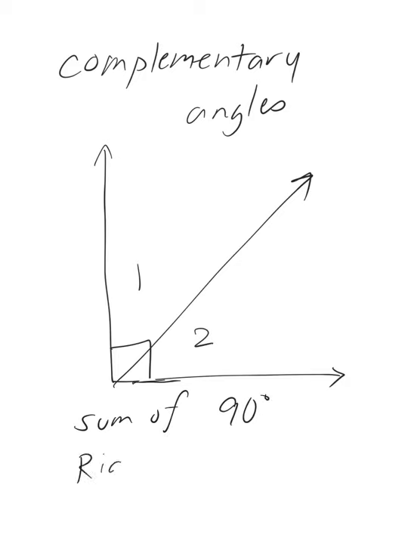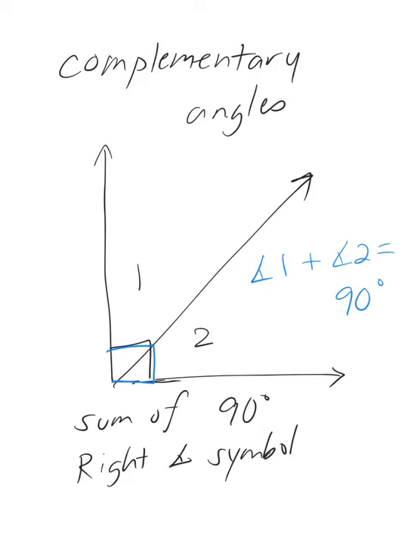And that's the right angle symbol. Unless you see this symbol, don't assume that the angles are 90 degrees. So like angle 1 plus angle 2 equals 90 degrees.